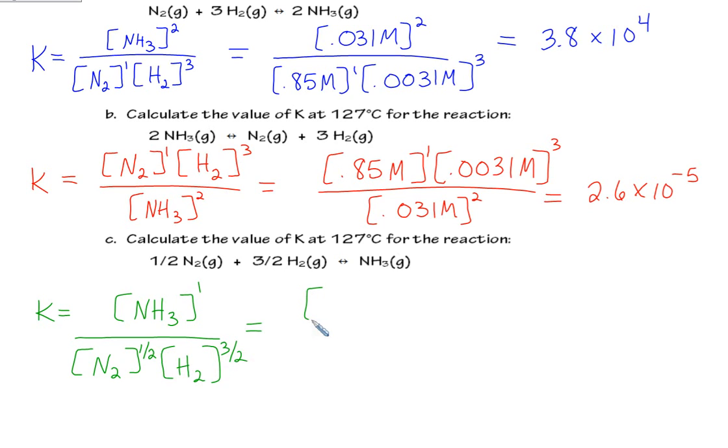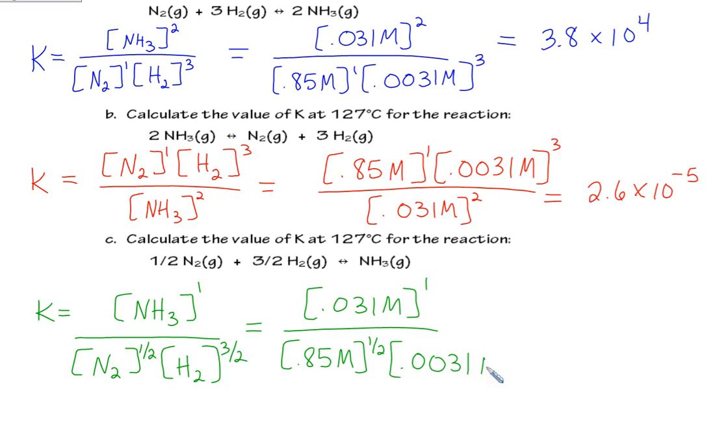So it's going to look the exact same thing as A, 0.031. My exponents are just a little different. 0.85, now you are going to the 1/2, or we're going to take the square root, and 0.0031 to the 3/2 power.